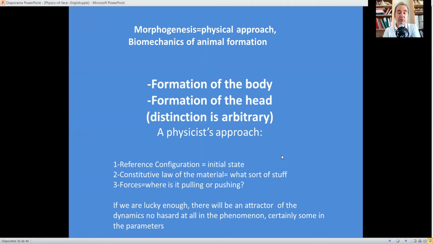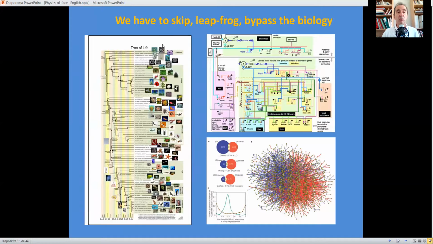But certainly there is some randomness in the initial parameters of the problem. But once you have chosen the parameters of the problem, then things unfold all by themselves. So of course, in order to do the biomechanical approach, you have to skip, to leapfrog, to bypass the biology.